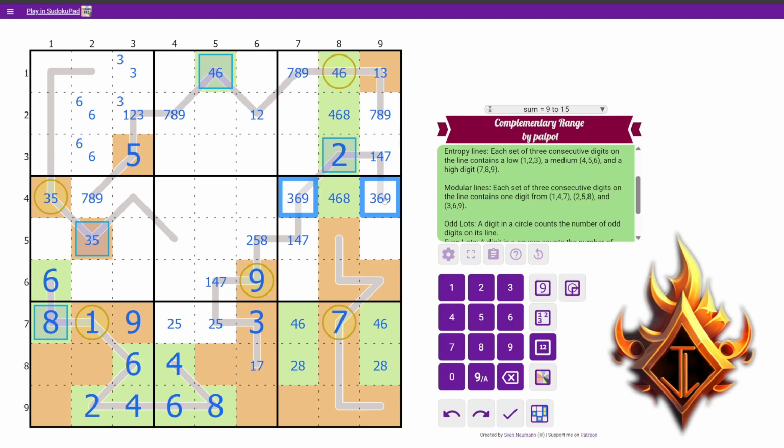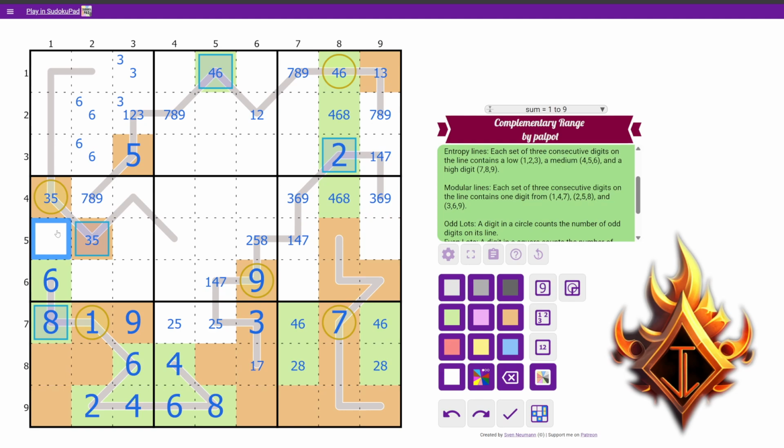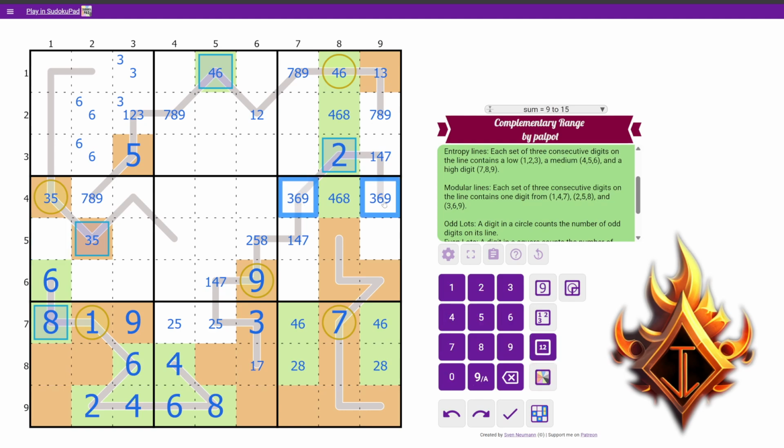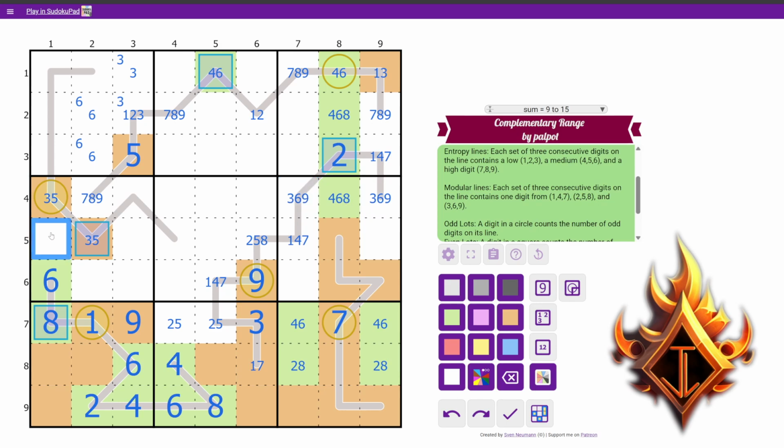Can these be 9? 9 would be here. If 9 goes up here, this would be 9.